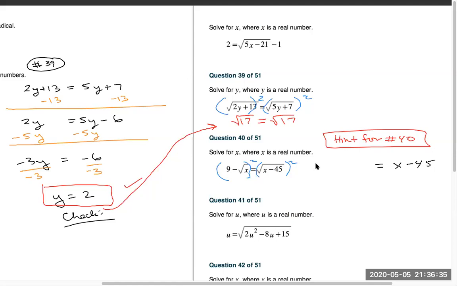The left side, you're actually having 9 minus root x squared, right? So you're going to need to FOIL. Then you need to isolate your radical again. So repeat the process of isolating the radical.